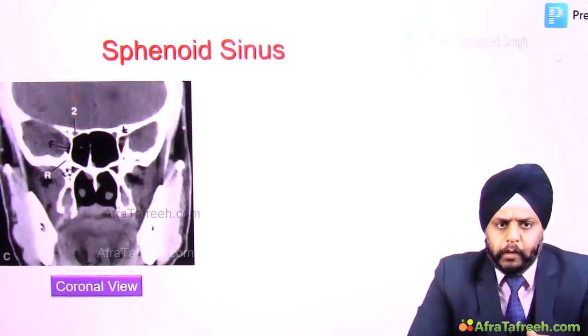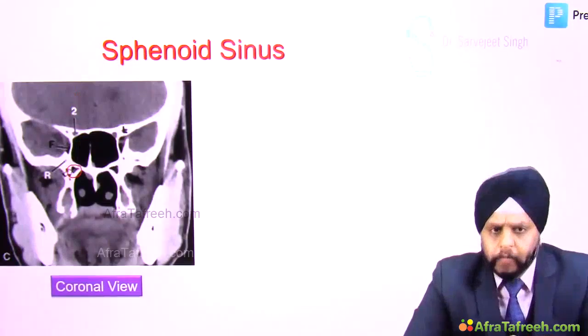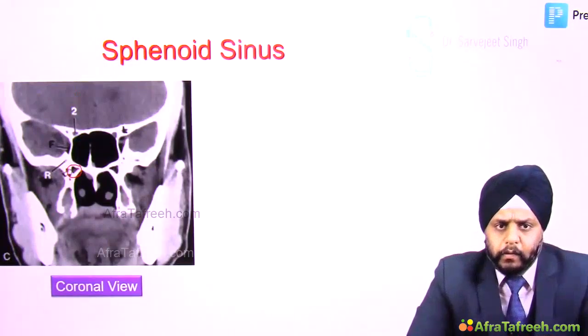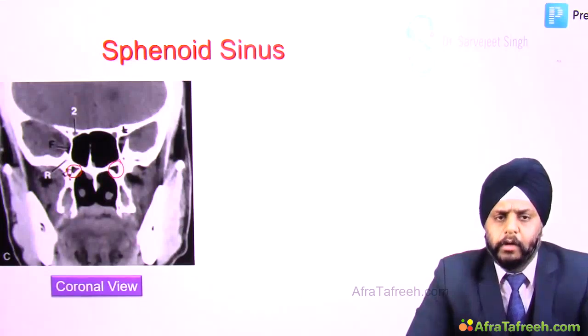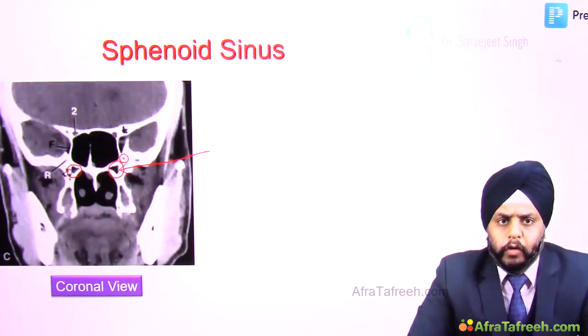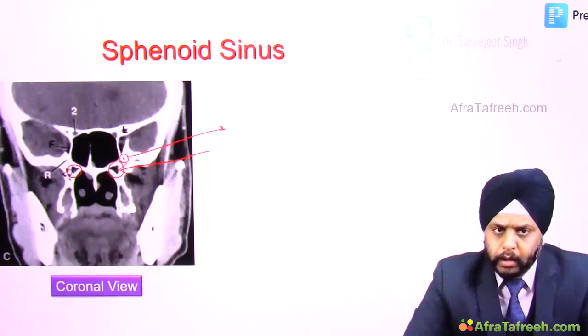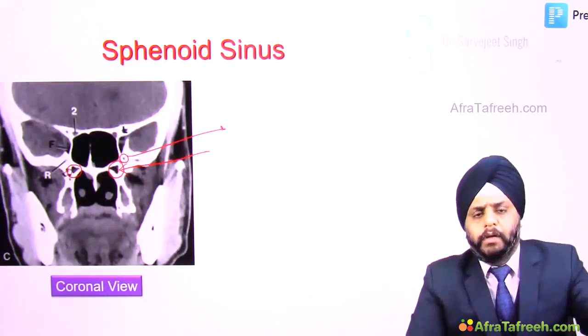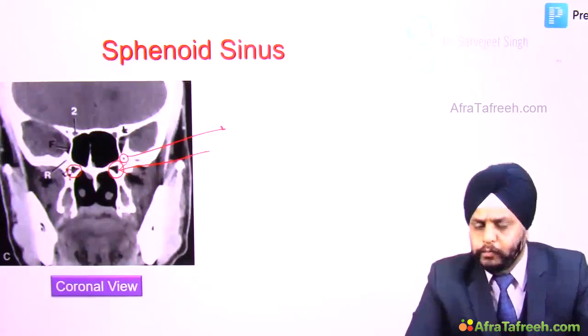At the base of the pterygoid process we have a canal. That canal is known as the Vidian canal. So on both sides you can identify the Vidian canal. Above the Vidian canal there is a small opening, and this small opening is known as foramen rotundum. Right, so all that we have studied in anatomy we can see in the CT scan also.